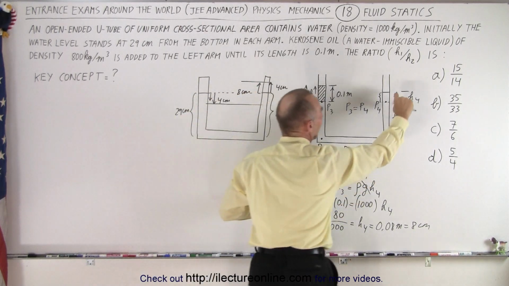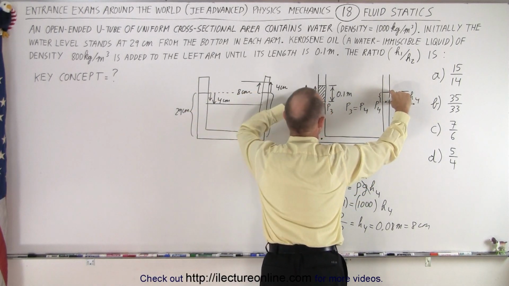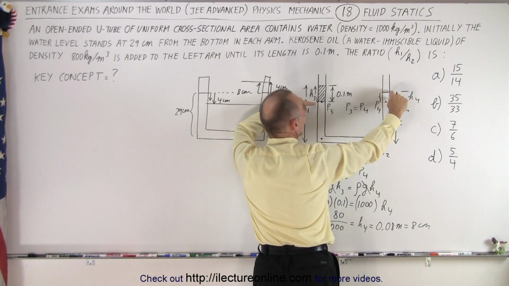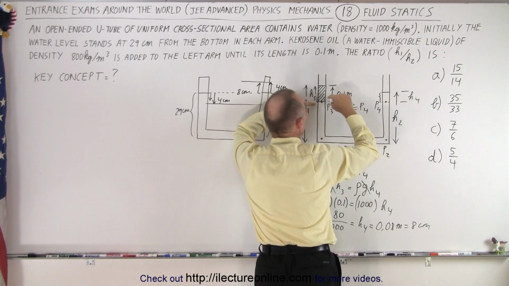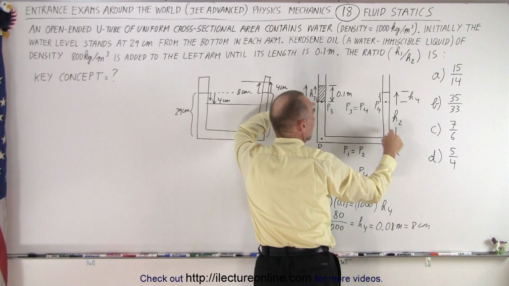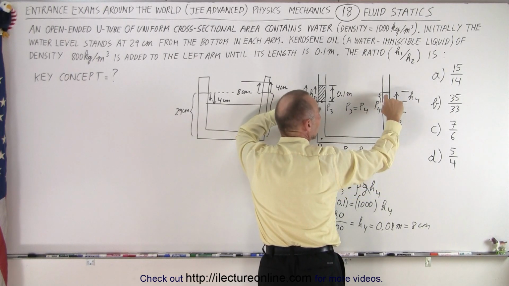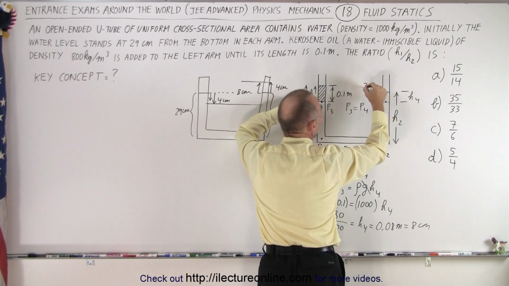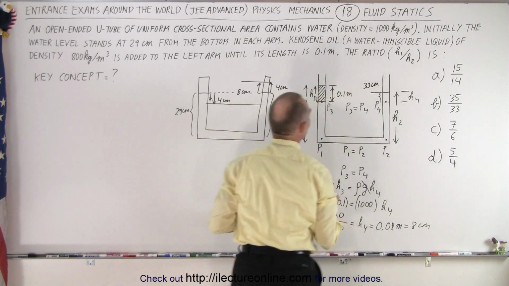So you can see that H4 is 8 centimeters. That's the difference in height between here and here, which means that this one went up 4 centimeters and this one went down 4 centimeters. So it started at 29 plus 4, which is now 33 centimeters.